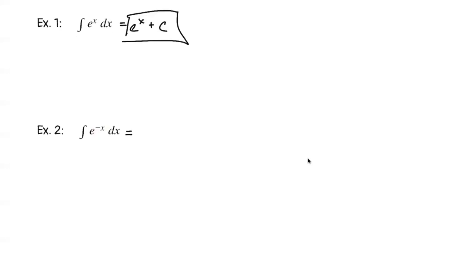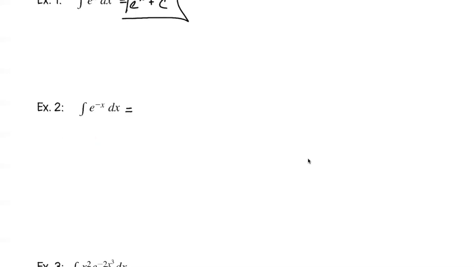Here's why it's so sneaky. In order to integrate this, we need to set u equal to negative x, meaning we let u be the entire exponent up here. Now, if I find my du, I get negative 1 dx.